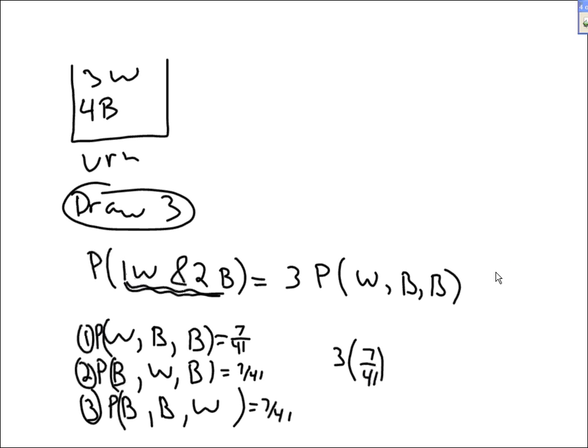So I'm allowed to just say it's 3 times the probability of getting white, black, black, or 3 times the probability of getting black, white, black, or any of these, or 3 times the probability of getting black, black, W.